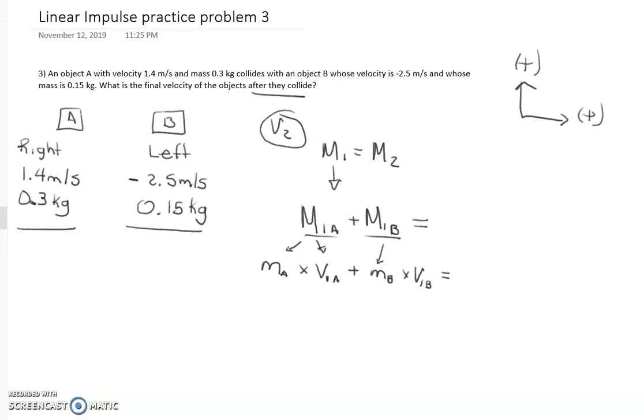If we put numbers to this, we're going to end up with 1.4 meters per second, that's positive, times 0.3 kilos, plus the mass, which is 0.15, times the velocity, which is minus 2.5 meters per second.